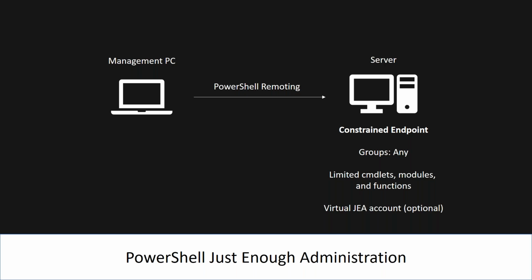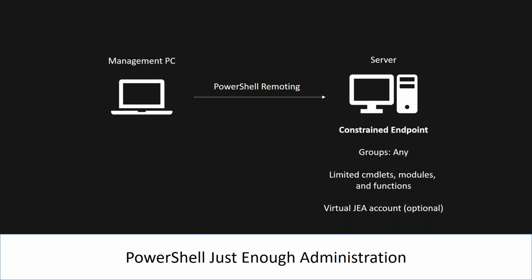As well as deciding which groups you want to be able to connect to this endpoint, you can also restrict the access they have to PowerShell commandlets, modules, and functions. So for instance, you can say, oh, yeah, I only want these users to be able to run the Restart-Service commandlet, but absolutely nothing else.